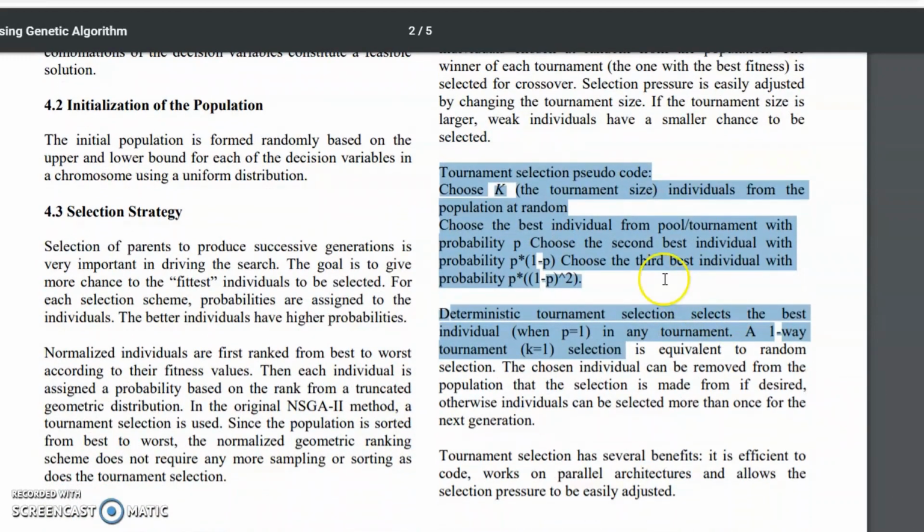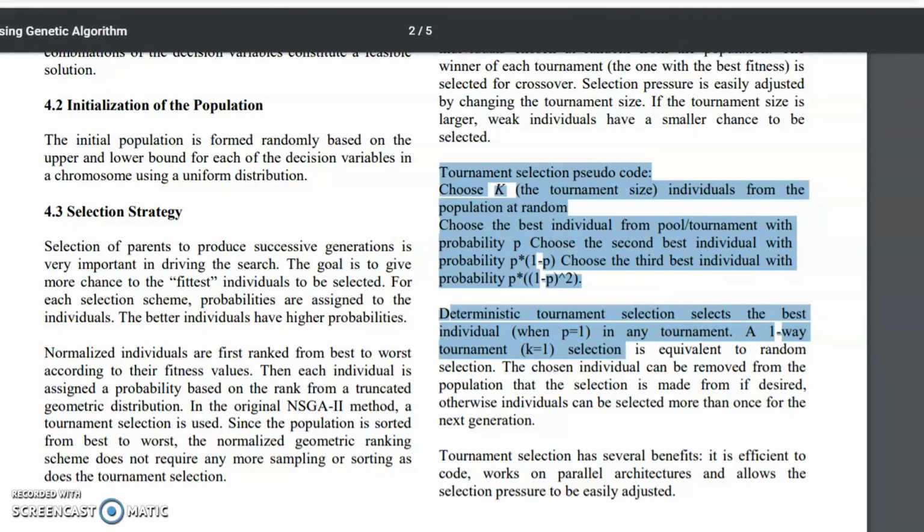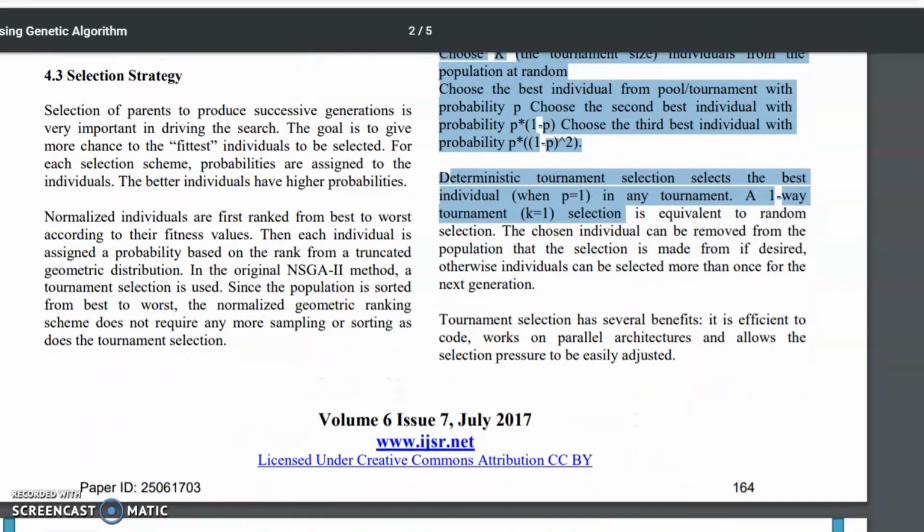Here choose the tournament size, choose the best individual, choose the second best individual, choose the third best individual, and so on. So what are the benefits of tournament selection? It has a lot of benefits. It is efficient to code, works on parallel architectures, allows the selection pressure to be adjusted, and so on.